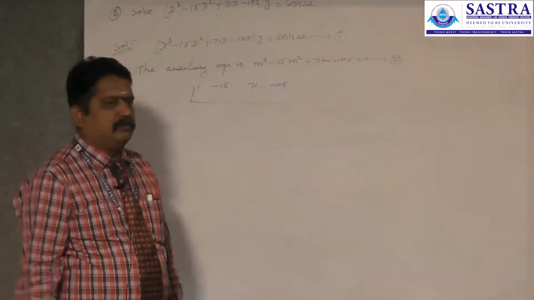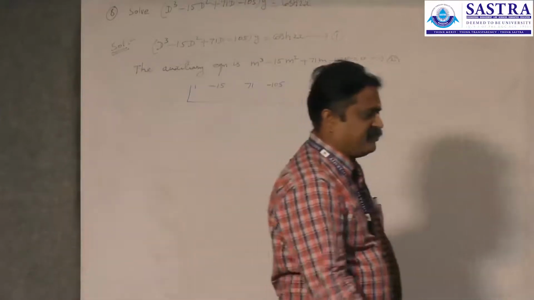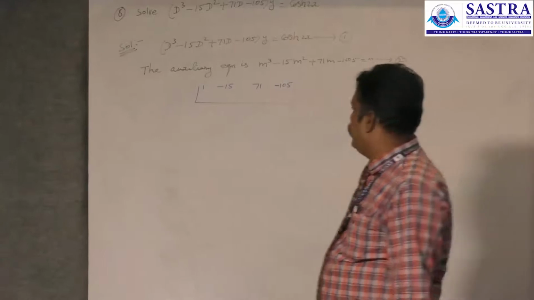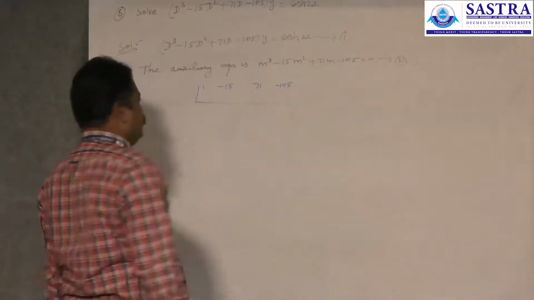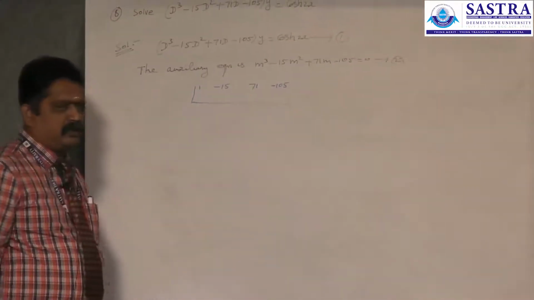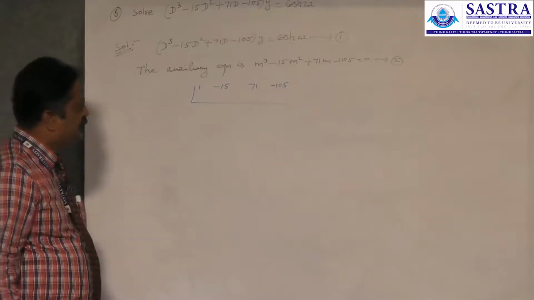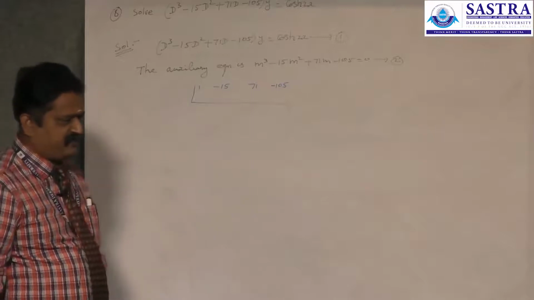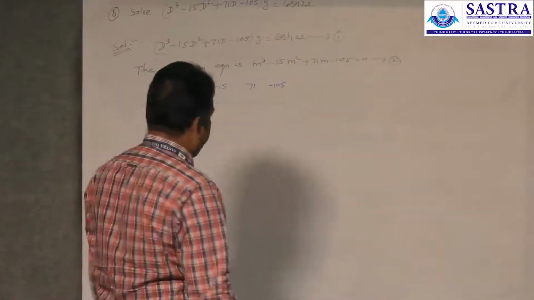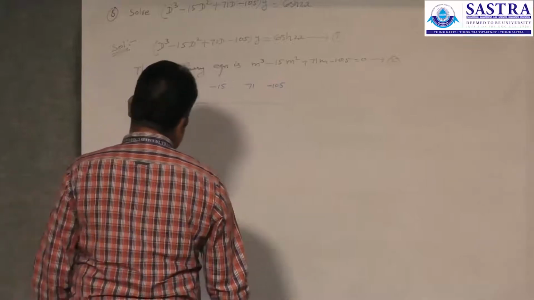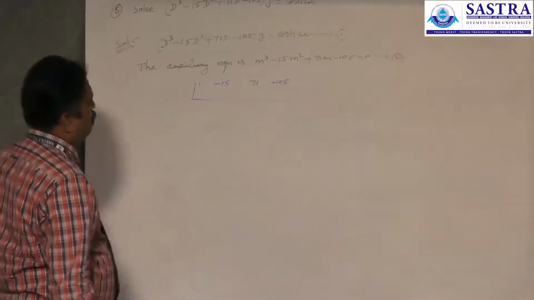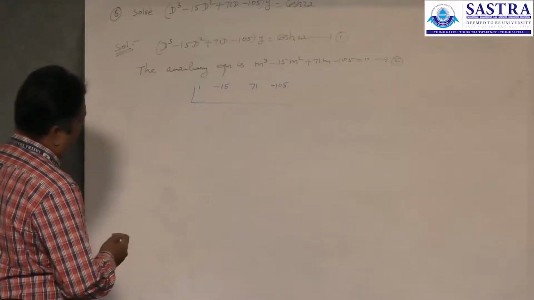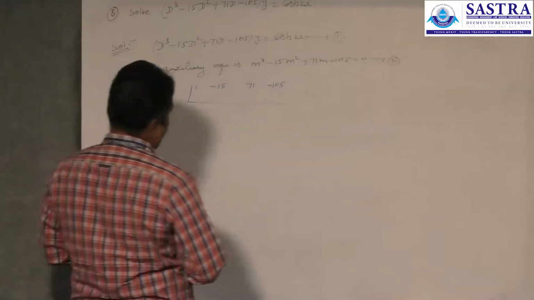So we have to list out the divisors of 105. The divisors of 105 are plus or minus 1, plus or minus 3, plus or minus 5, plus or minus 7, plus or minus 15, plus or minus 35, plus or minus 105.